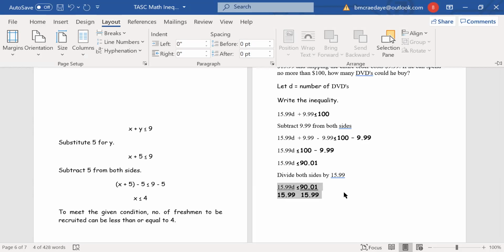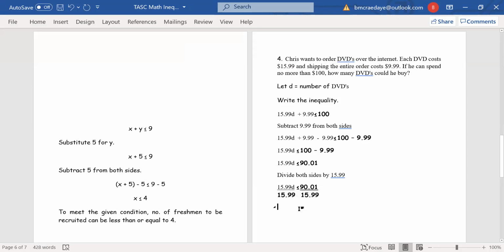So on the left, I just get D, right? What do I get on the right side, Vanessa? 90.01 divided by 15.99.